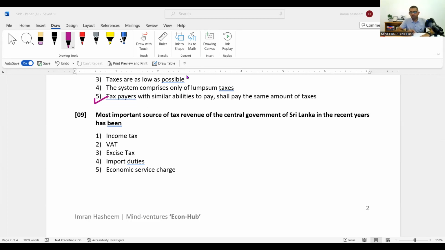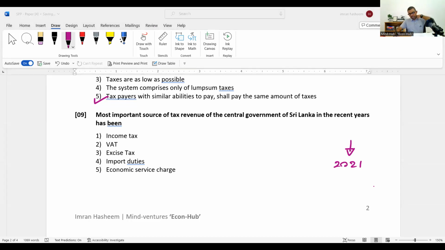Can someone let me know? You guys have the bank report, I assume, for 2021. That's your relevant financial year. Even though they say recent years, you should try to focus on 2021. That would be reasonable.